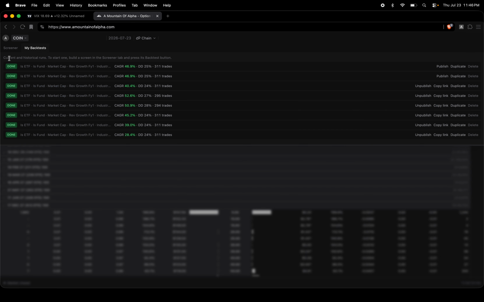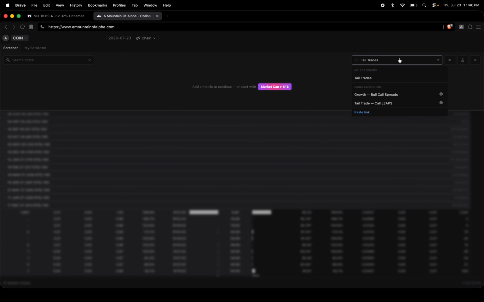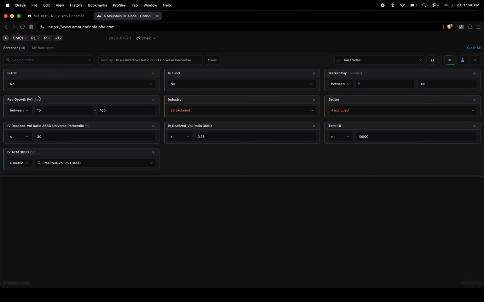One thing I did find on this tail strategy is that the gating of revenue growth was a massive driver. And if you got rid of this, the tail trade strategy fails in 2022, which was the year of the big mega cap pullbacks.